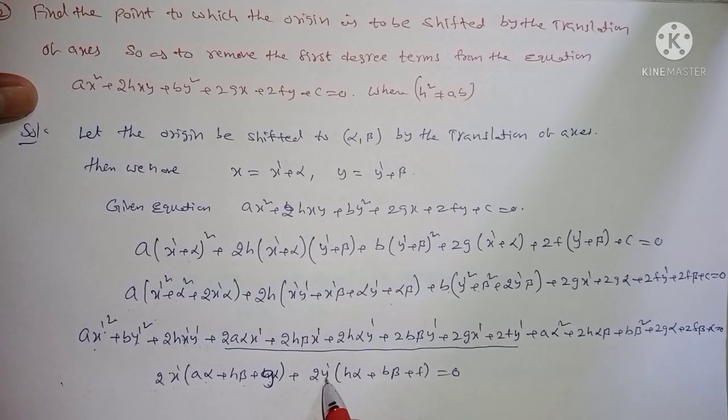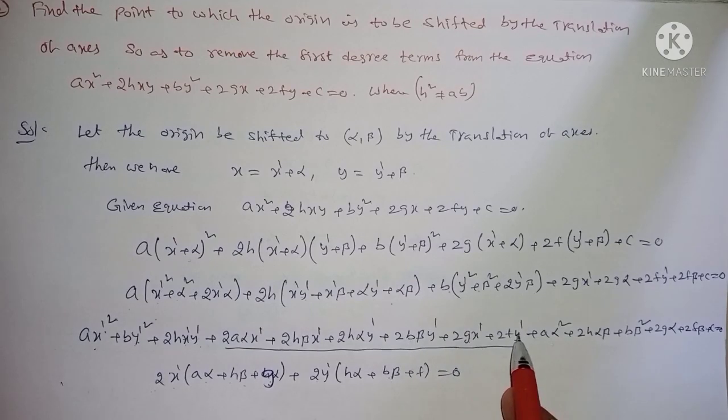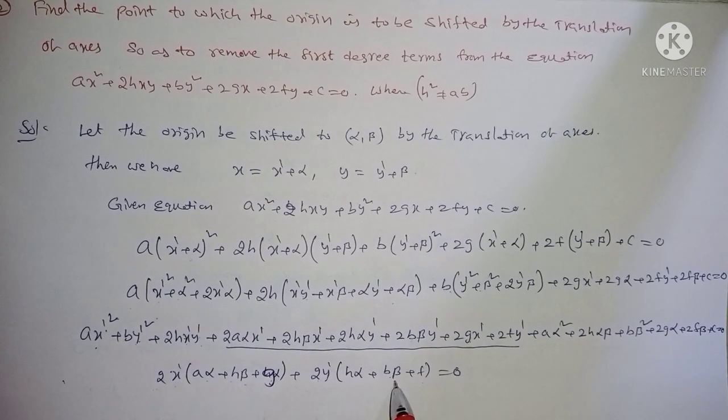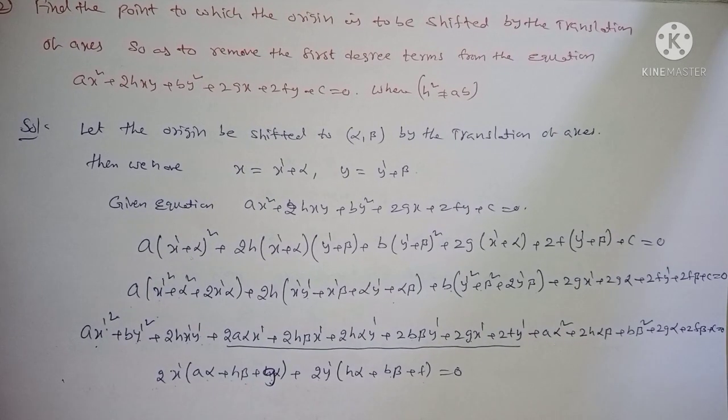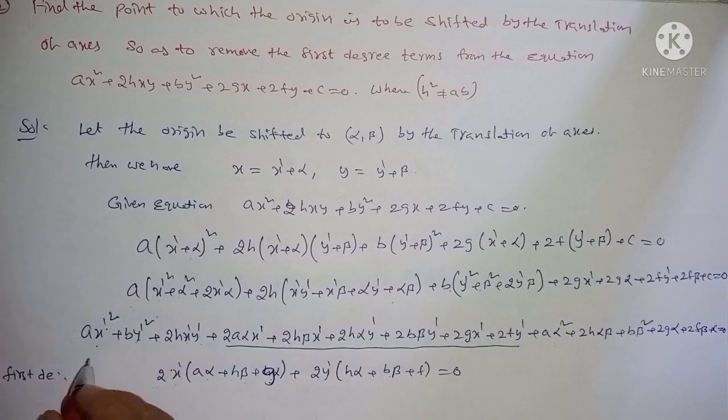Similarly, taking 2y dash common leaves h alpha, b beta and f only. This is how the first degree terms are removed.